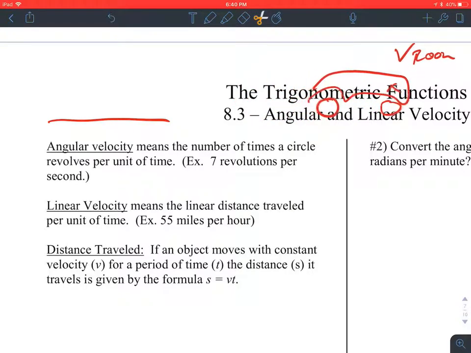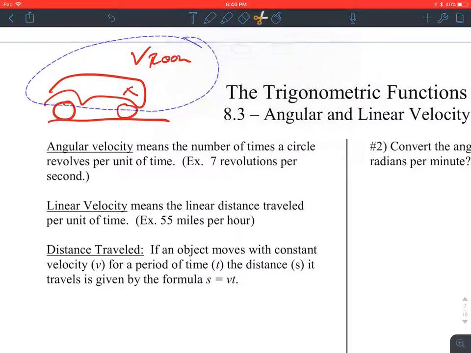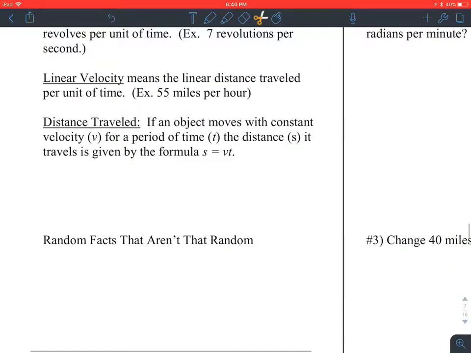You could say each wheel, its angular velocity is 7 revolutions per second. Linear velocity might be 10 miles per hour. So, example for linear velocity, 55 miles per hour. Doesn't have to be miles. It has to be some type of linear measurement, inches, feet, kilometers.